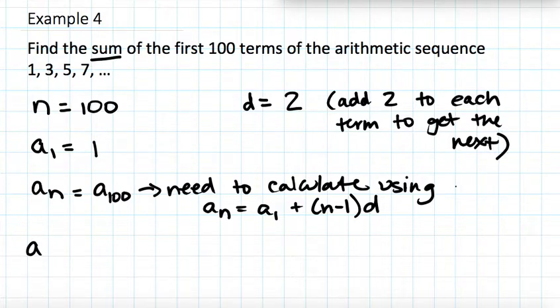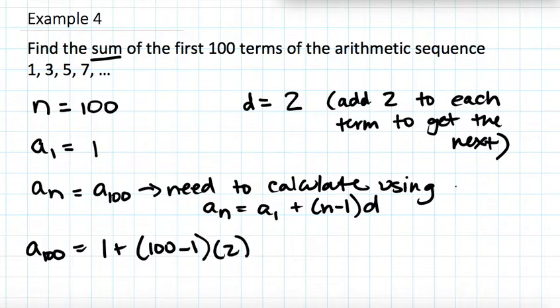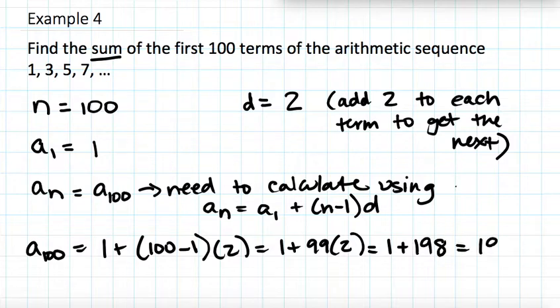So that means that a sub 100 is going to be 1 plus n is 100 minus 1 times 2. 1 plus 99 times 2 is 1 plus 198, which is 199.